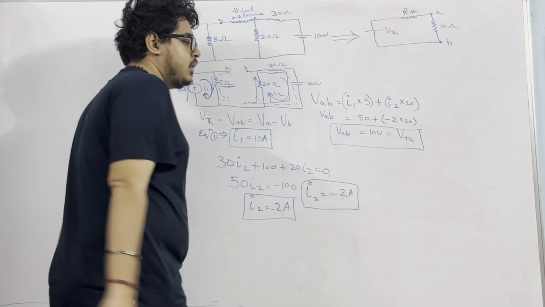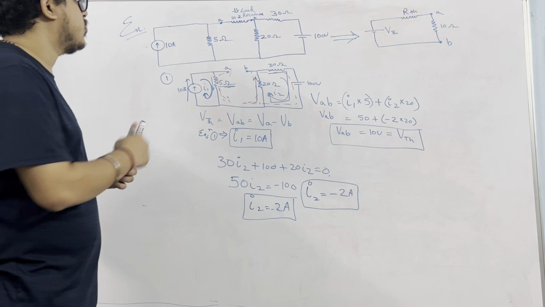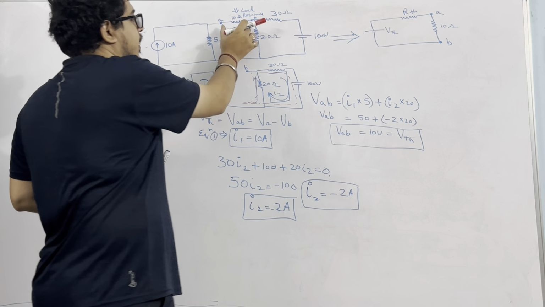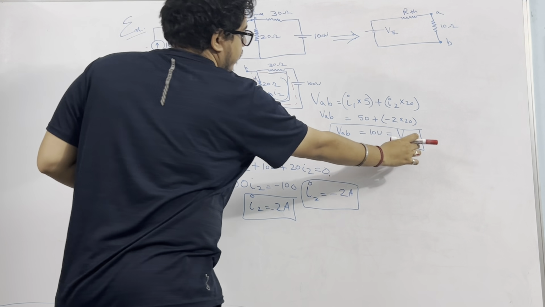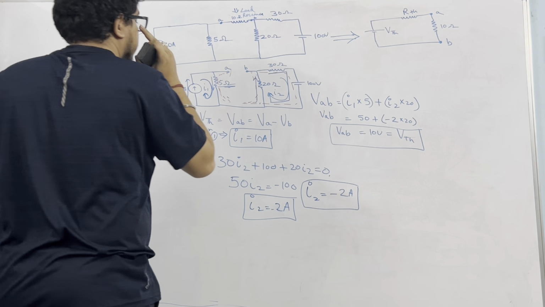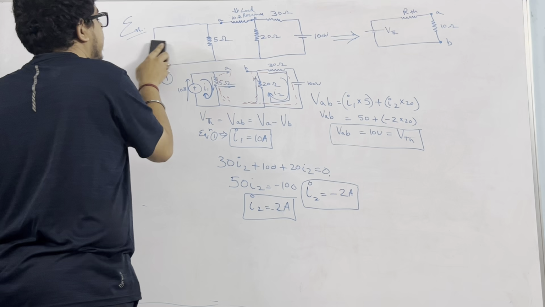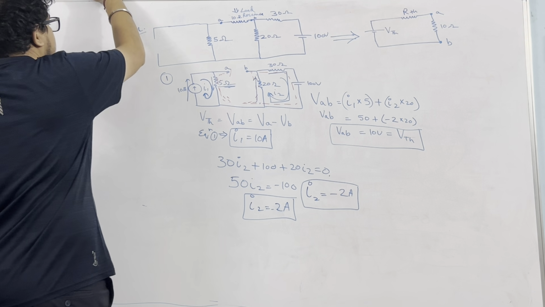So we know the Thevenin voltage as of now. Now we can either short circuit this and find IAB and divide it into VTH to find RTH, or the other way, which is easy, since this is a simple circuit, we can use the series parallel technique. So what we have to do is open circuit all the current sources.